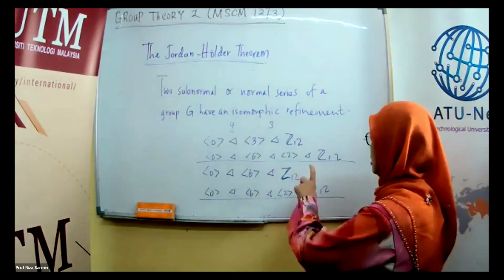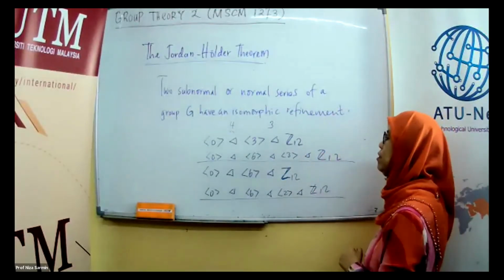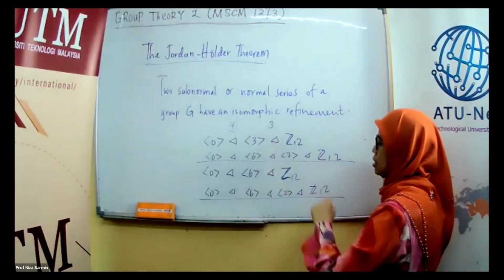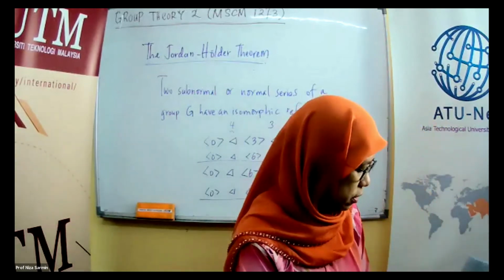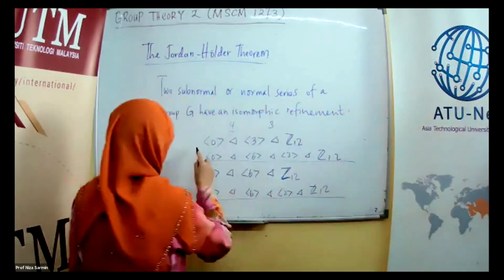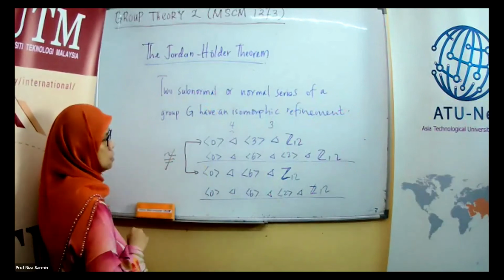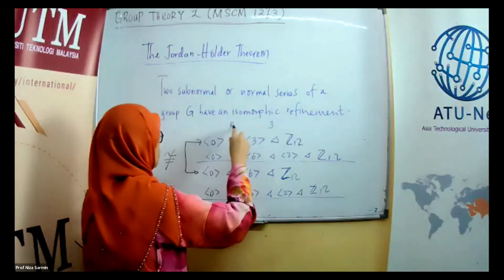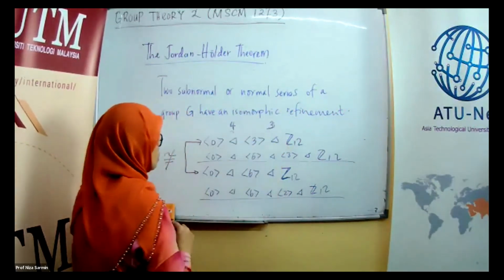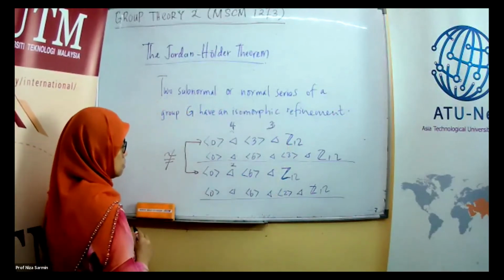Okay, so these two are called the isomorphic refinement. Although this and this are not isomorphic, it's because of the 4, 3, 2, right? 2 or 6?